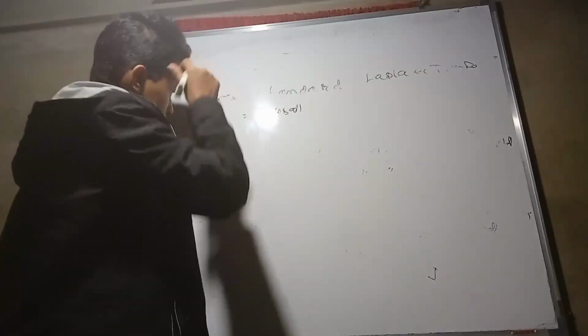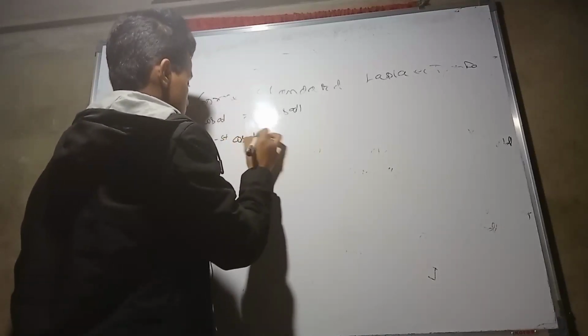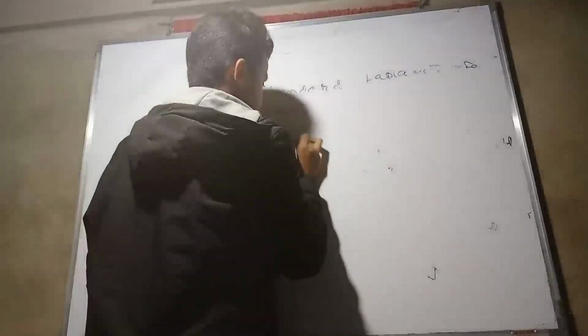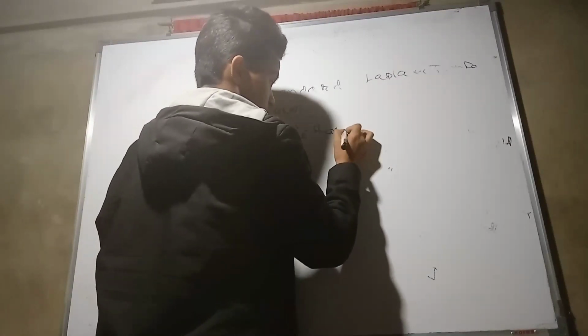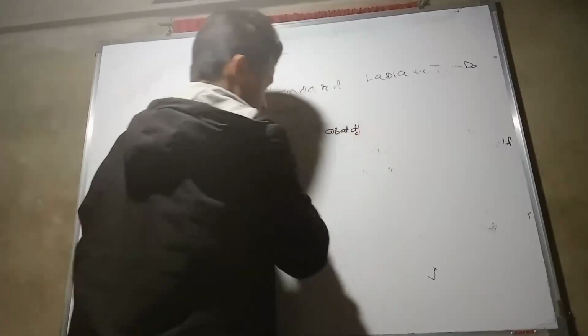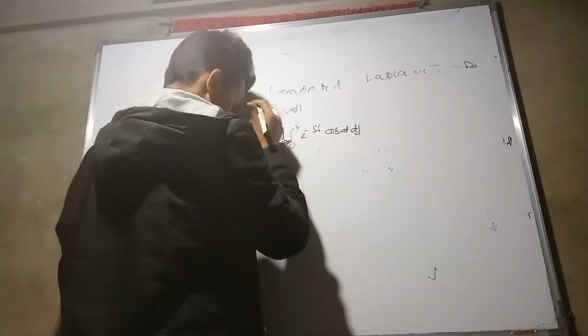So cos at can be written as the integral from 0 to b, with the limit b tending to infinity.